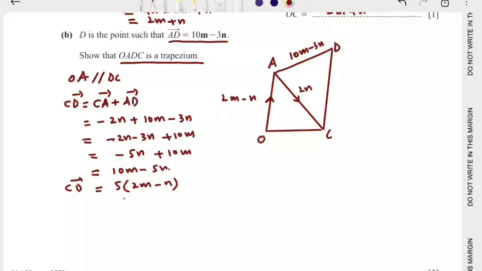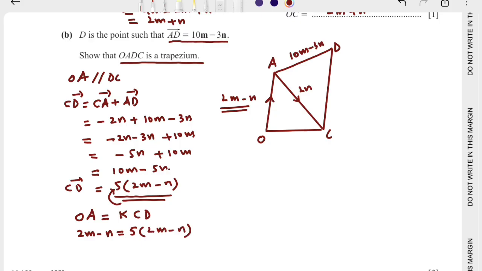Now just compare this value with this value. They seem to be multiples of each other. So we can write that OA is parallel to CD. Now OA is 2m minus n and k is the constant that is common, that is 5, 2m minus n.